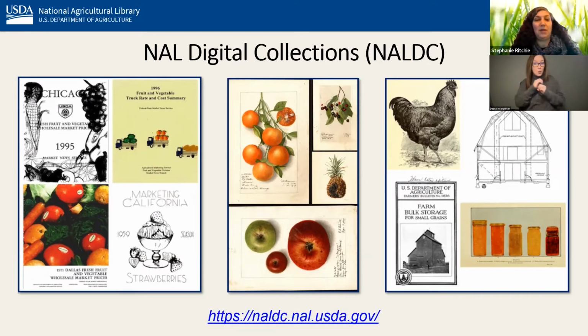That means that you could potentially use these for any marketing materials you might have, or if you're doing slide presentations like this one. The cherry image that we've been using is from this collection. So we do encourage you to explore the digital collections, potentially to use these images for marketing purposes, since most of these, and any artwork created by USDA, should be available.